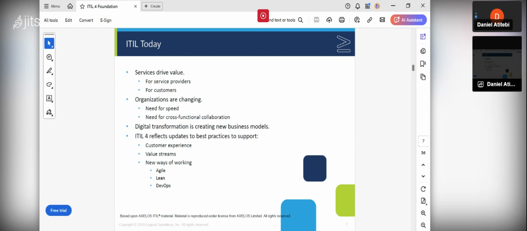You need to change the way you plan your service, design your service. You need to change the way you build your service. You need to change the way in which you test your service. You need to change the way you deploy your service. You need to change the way you manage your service.